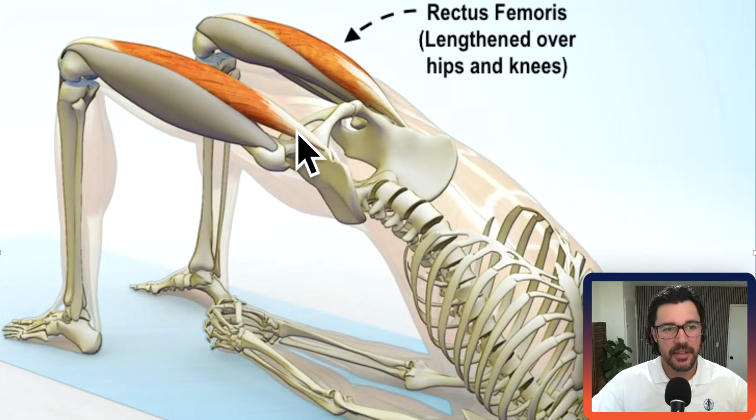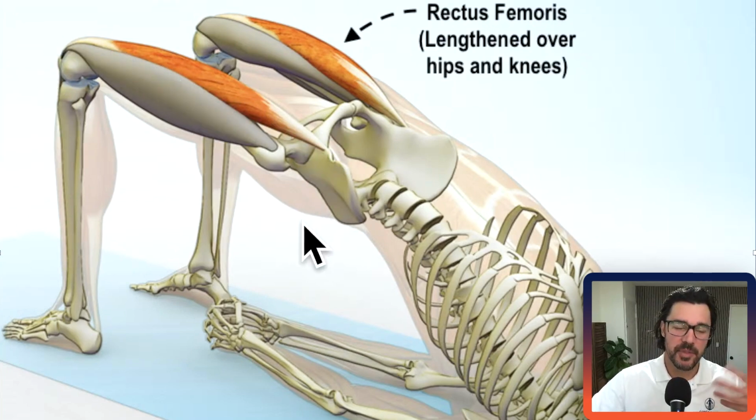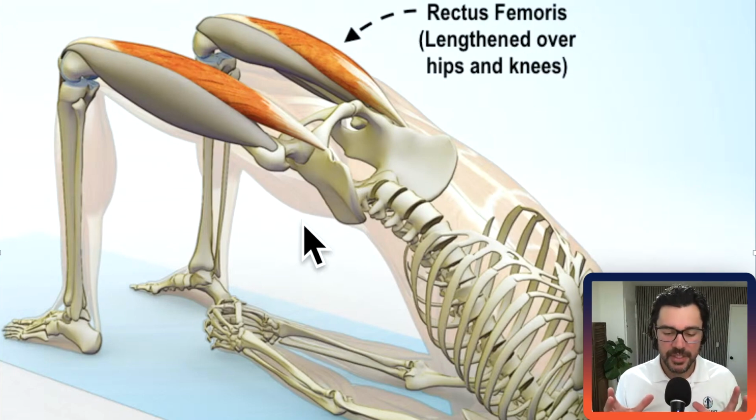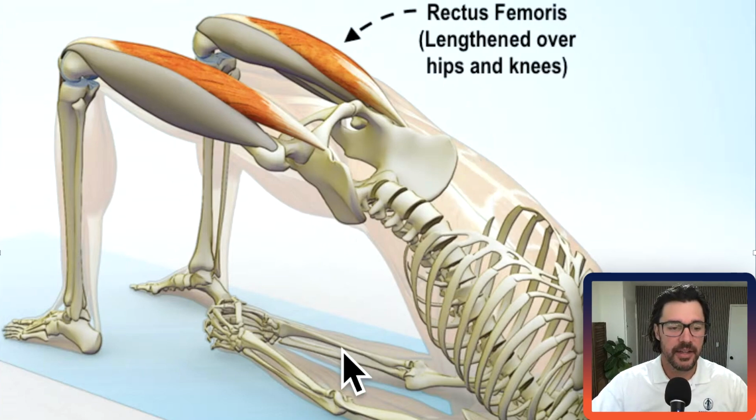It's lengthening the rectus femoris over the hips and the knees and simultaneously engaging all the muscles around the body, which is training the body to be able to feel safe and keep that muscle group in a more lengthened state. So it's no longer yanking on your lumbar spine, causing chronic lower back pain. Even hamstring stretching, which I was doing in the demonstration, is not something that I think is going to be a huge factor in getting out of back pain.